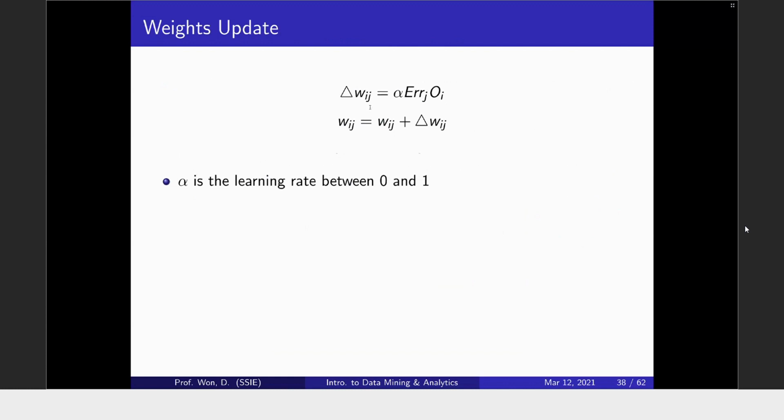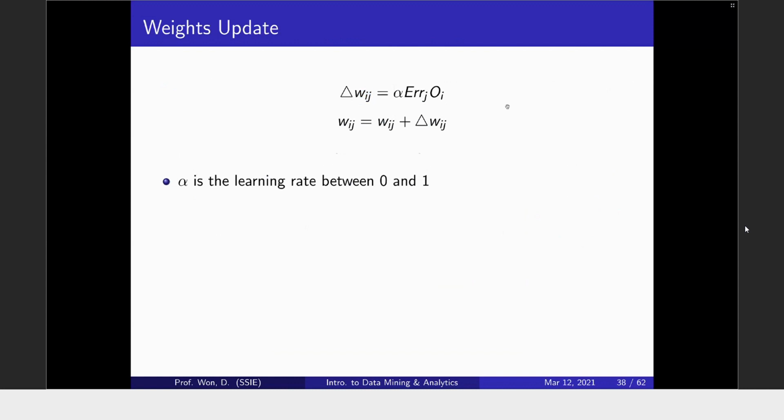So our weight Wij is changing. How far? This amount, delta. And where does this delta come from? This error function. So what does it mean? If you change the Wij by this delta amount, then our objective value is going to decrease. Alpha is some kind of learning rate, so let's not think about it in more detail.